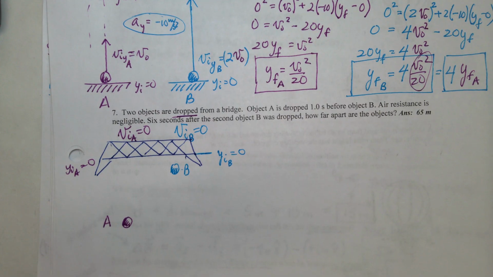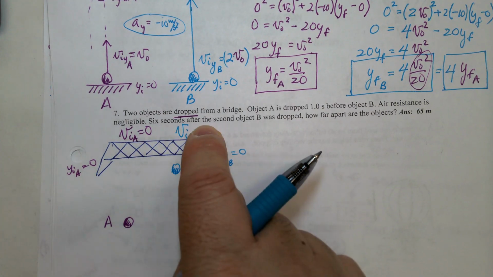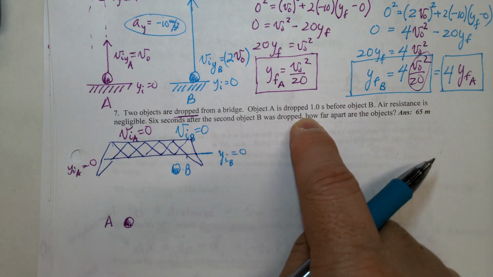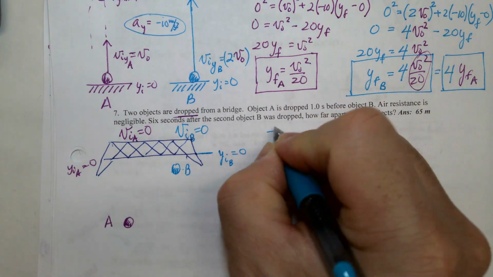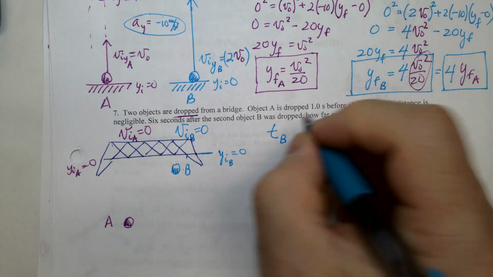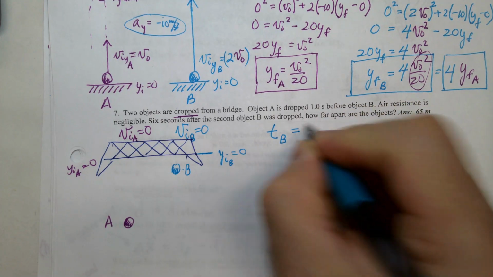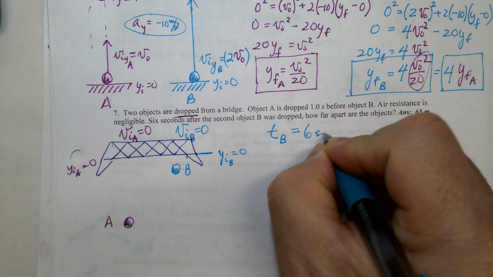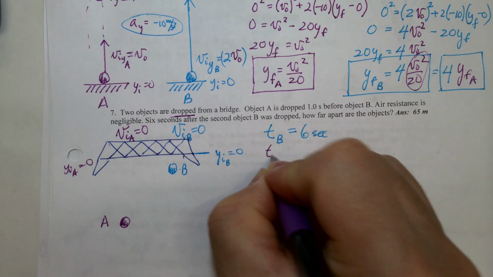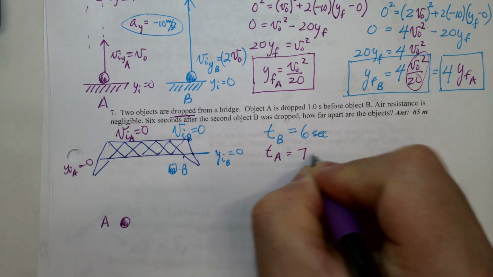Then, 6 seconds after the second object B was dropped. So which time is that? 6 seconds is the time for object B. Then what is the time for object A? 7 seconds.